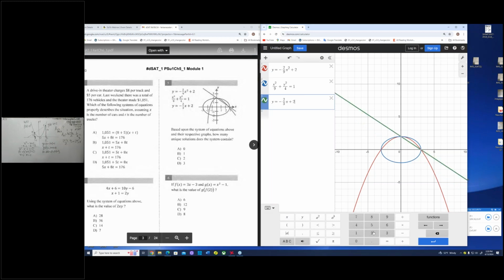When you have a clear picture, you see the point of intersection. All of them intersect here, and all of them intersect here. So this is definitely the answer, C.